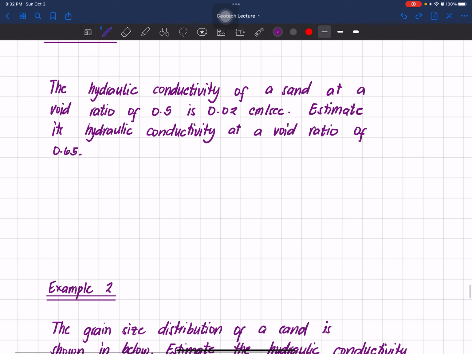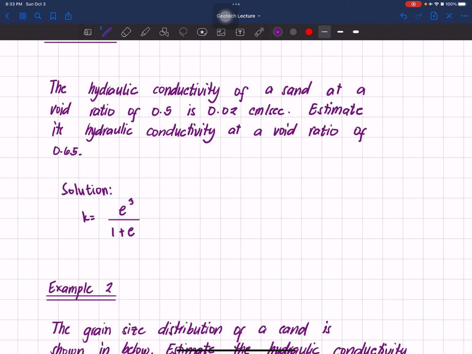I'm going to write the solution here. The formula we will use is K equals e cubed all over 1 plus e. So that is our formula.